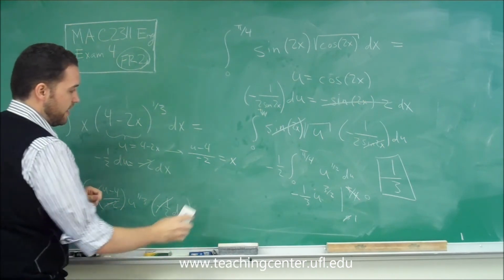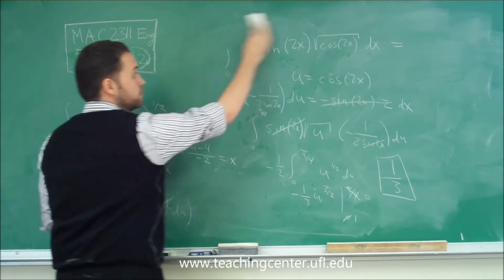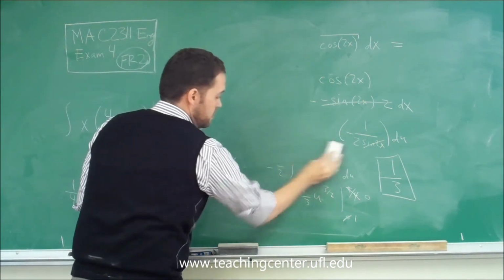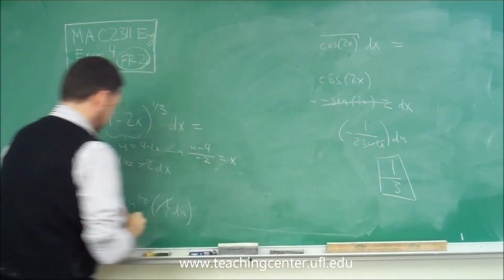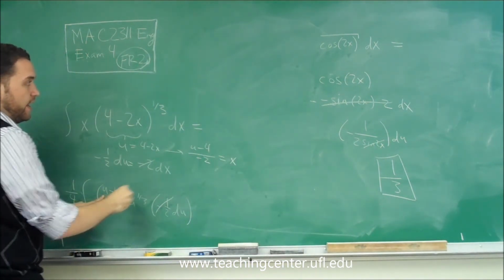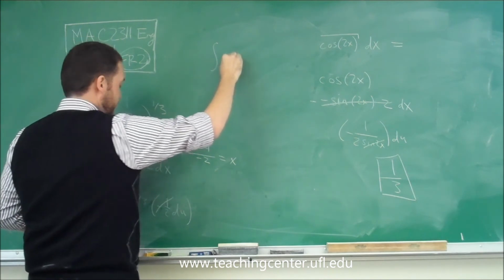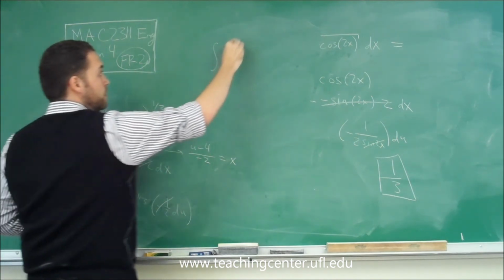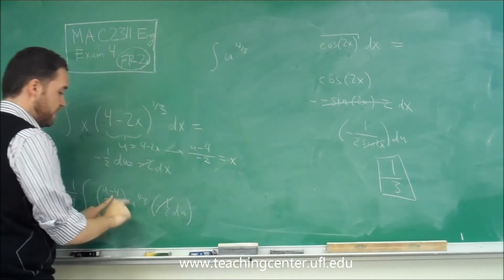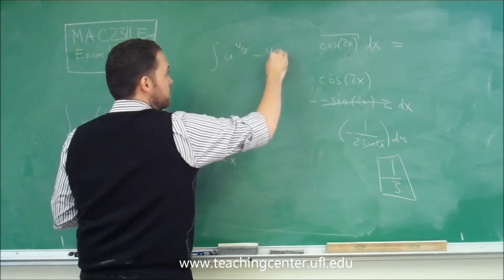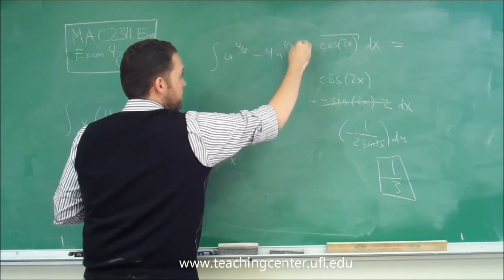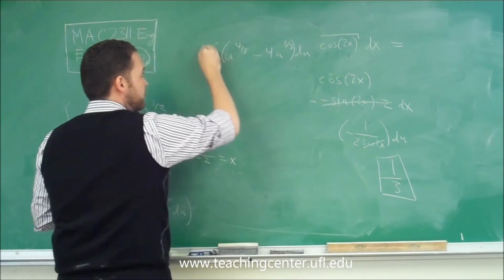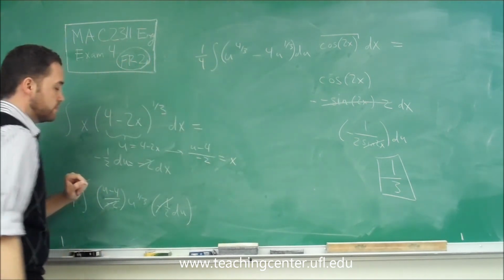So let's just write up over here. If I distribute this through, I get the integral of u to the 4/3 power minus 4u to the 1/3 power. And you have your du, and you still have your 1/4 out here.